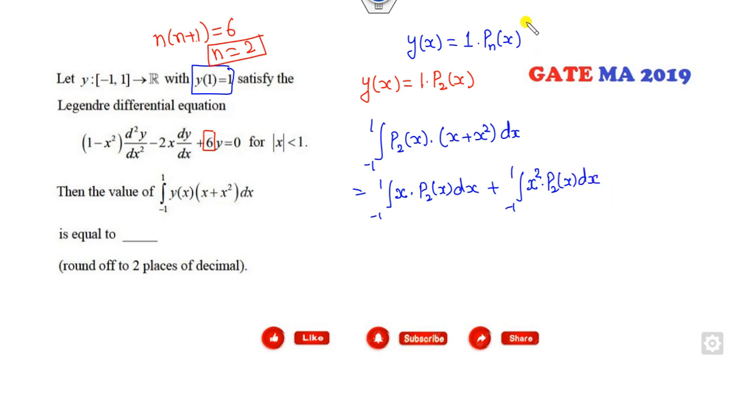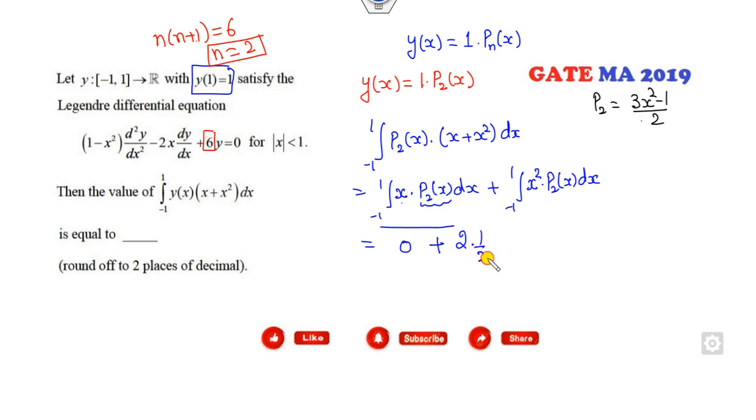Now because we all know what P2 is, P2 is (3x² - 1)/2. Now you can see this is an even function and this is odd, so the answer of this will be 0. Now for this case, it is even and even, so I can write it as twice of this function.